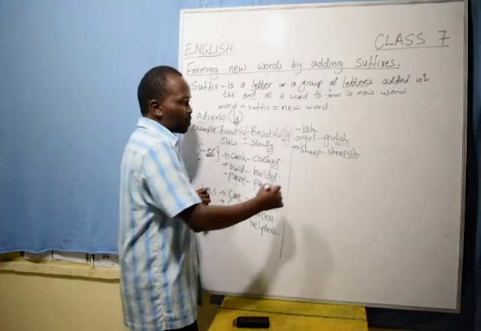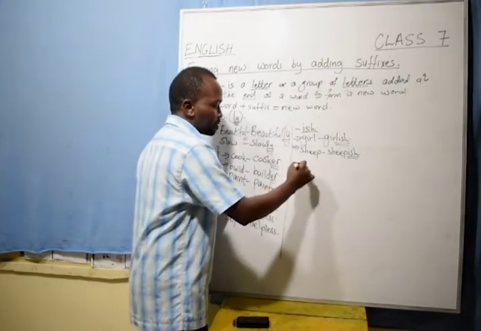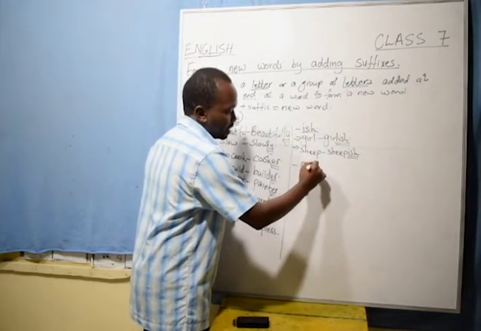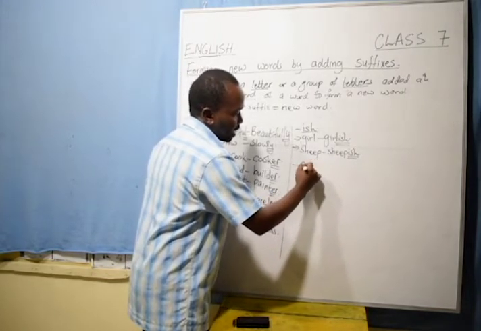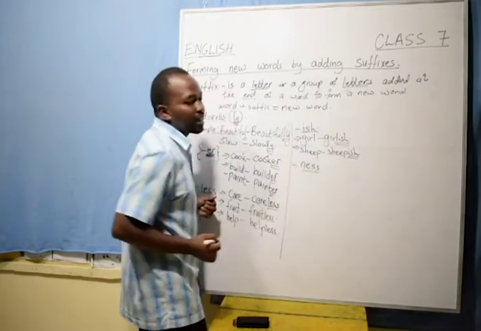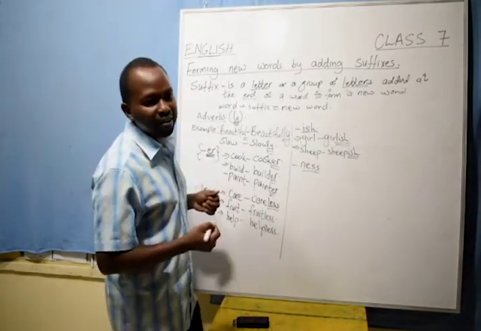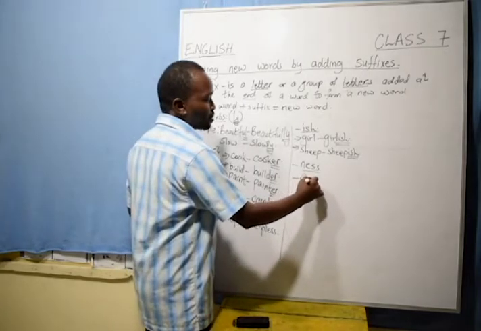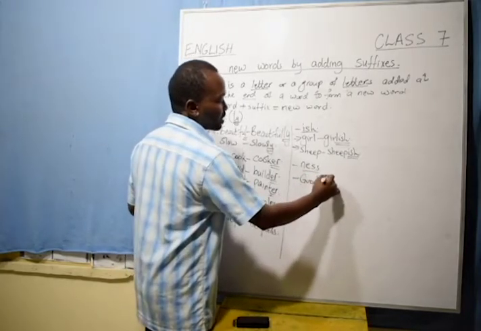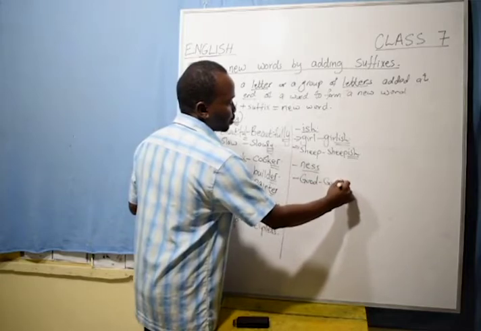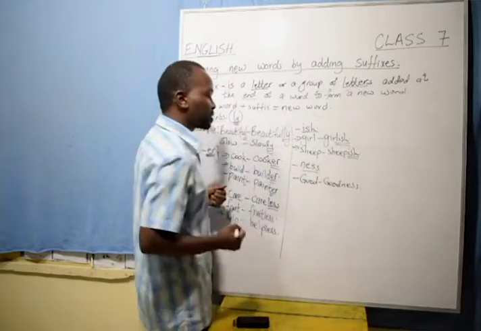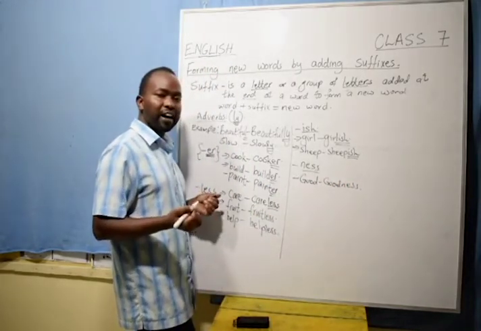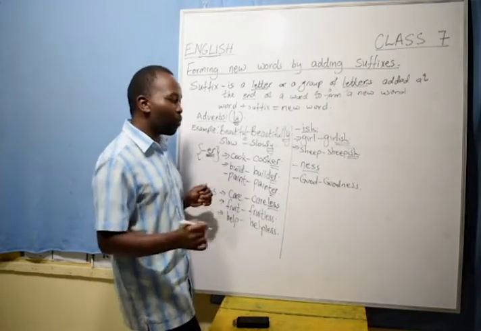Another suffix that we have is the suffix ness. Ness is another suffix that you have, and you can form new words. For example, in the word good, goodness. They showed us a lot of goodness when we arrived at their home.